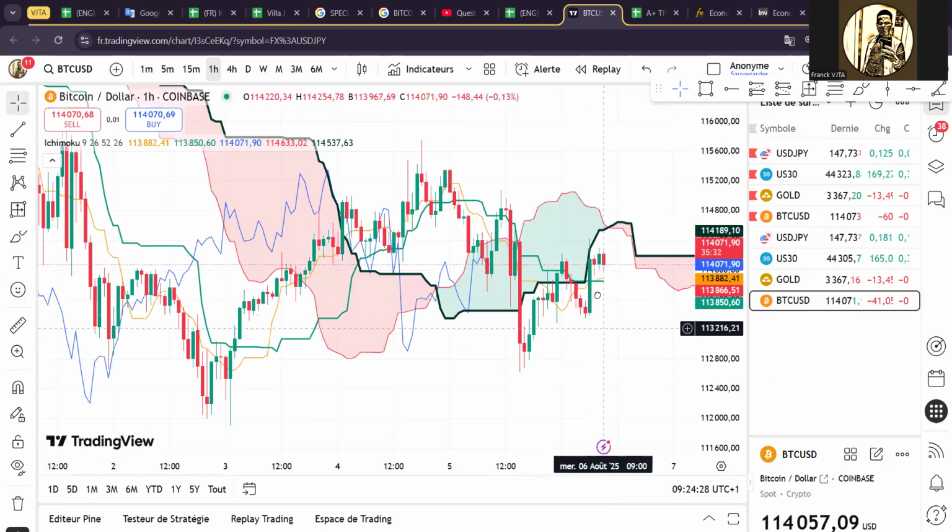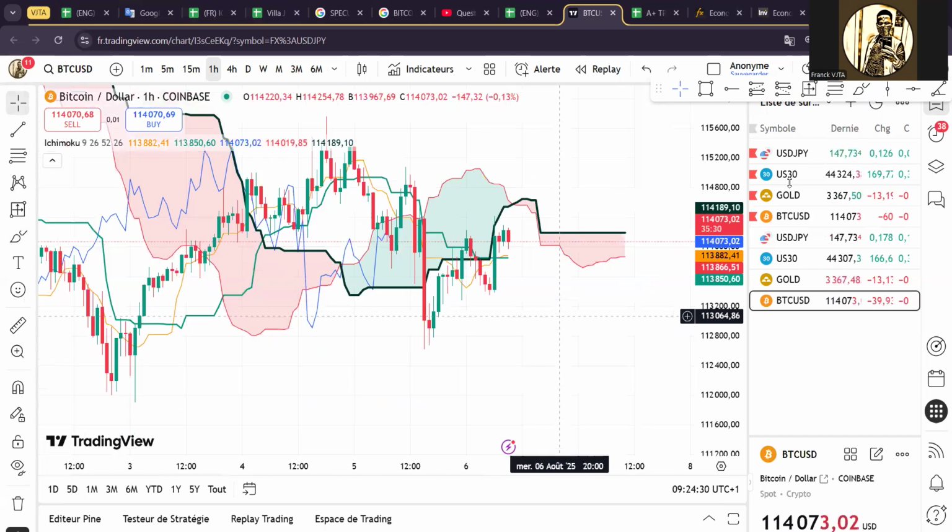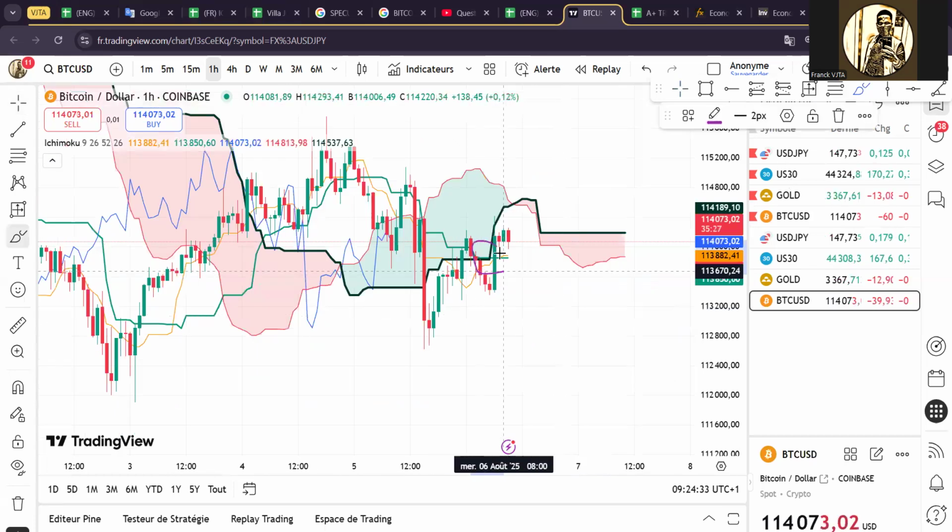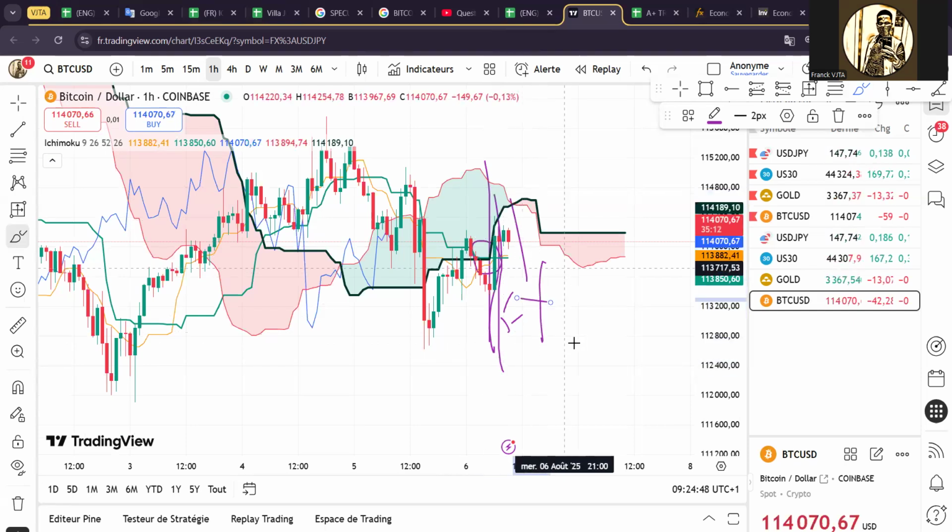Okay. Let us take this last Bitcoin example. We have just the KSB crossing now. That's normally the fresh KSB. Since we touch Kijun again, normally it is also young from this point, but it's too close. I'll keep calling it fresh rather than calling it young.